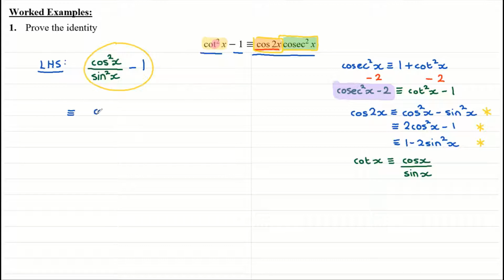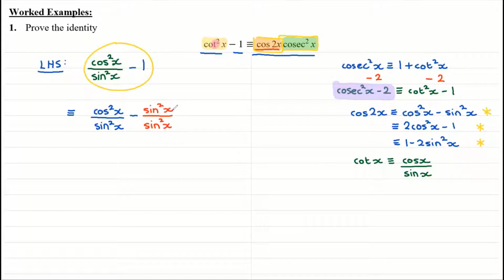All right, I hope this is making sense. So I'm going to keep the cos squared x over sine squared x as it is. And to create the common denominator, obviously it's 1. My common denominator is going to be sine squared, isn't it? So to create the 1, I'm going to have to multiply by sine squared in the numerator.